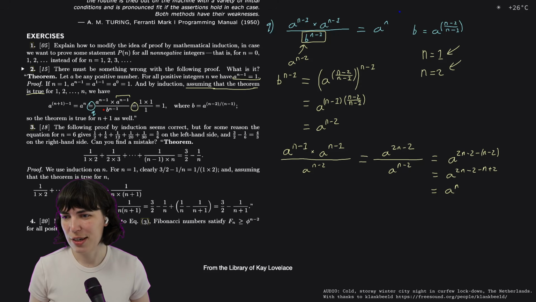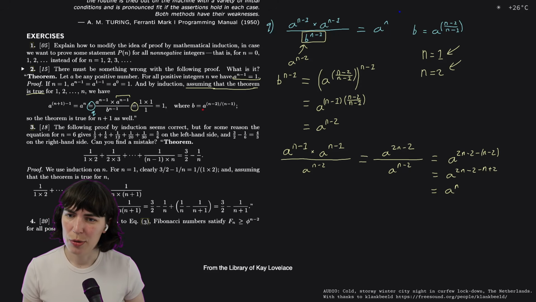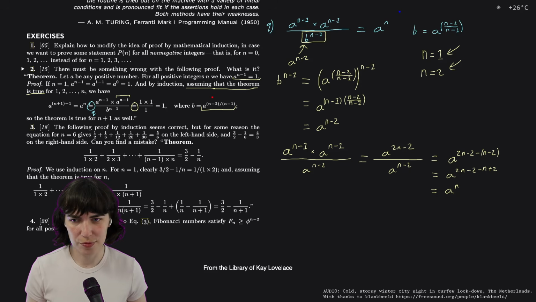And I guess the logic is that we should also be able to do it here, because b ends up having to be also a positive number. So we're also having to assume that this is a positive number. And can we assume that?